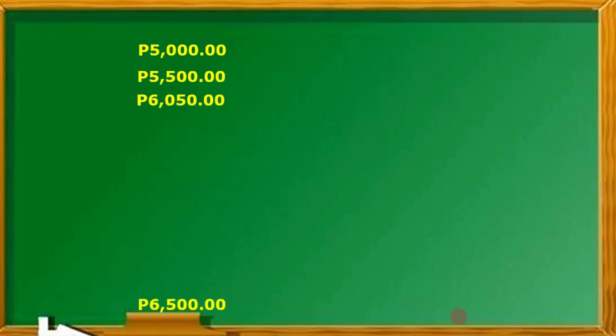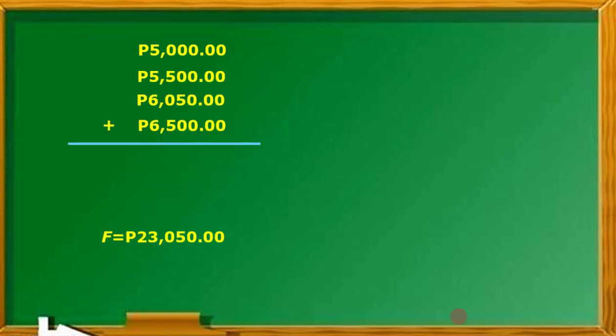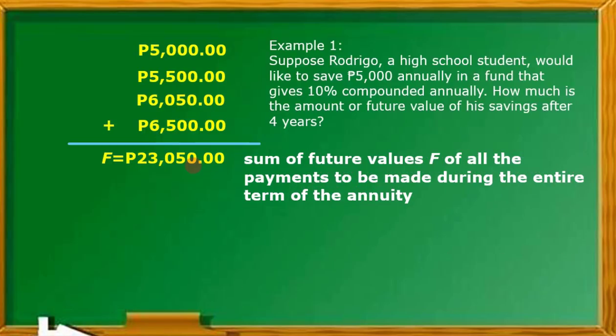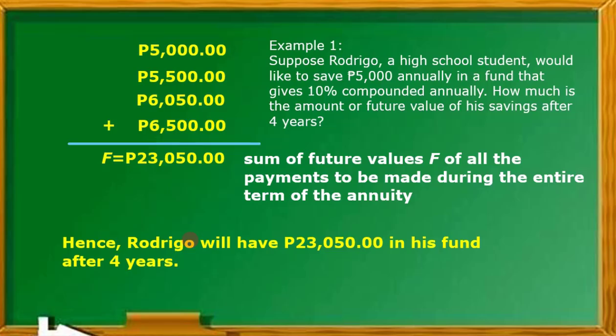So let's sum this up. We have future value is 23,050 pesos. Hence, Rodrigo will have 23,050 pesos in his fund after 4 years.